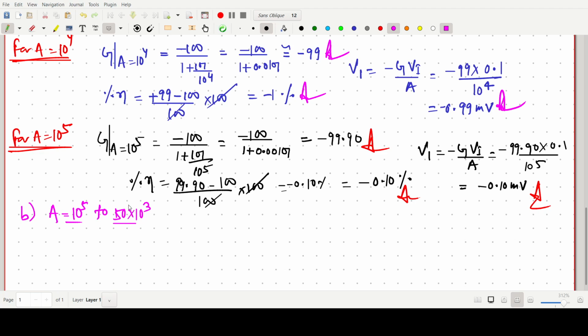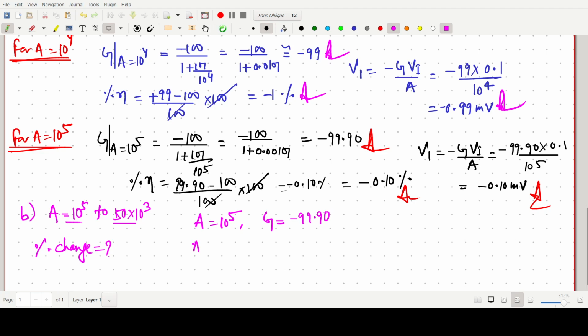Once again, I have to check what is in the question. So what should be the percentage change? Percentage change we have to find. For A equal to 10 to the power 5, we have already found the gain expression; it is coming minus 99.90.